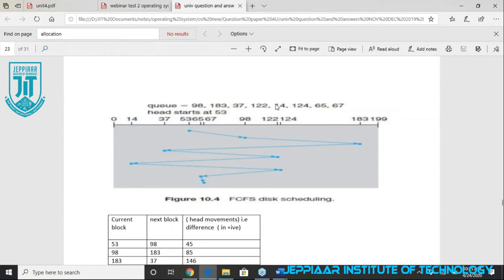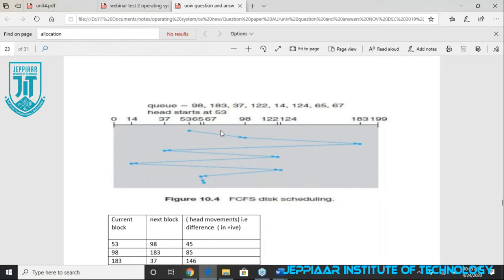So I have these following requests, marked according to the scale. Now what is my first request? My current position is 53, so my head is at 53. My first request is 98, given in the question. I have to read disk block 98 first, first come first serve.